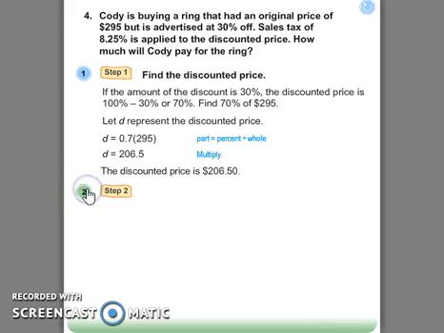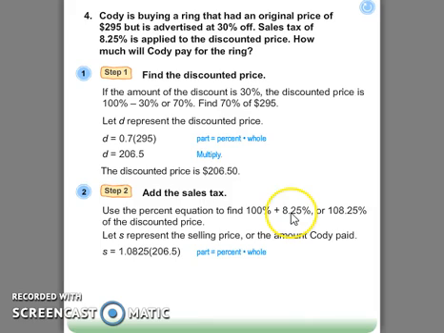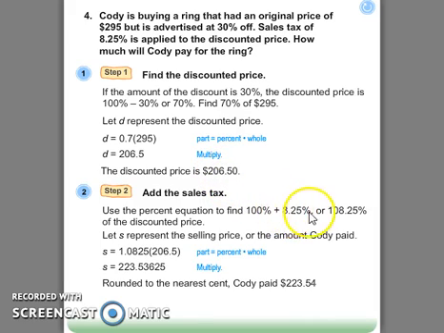So what we're going to do after that is find what the tax amount is. So we are paying 100 plus 8.25% of this amount, because I'm adding on 8.25% to that. So I can use 108.25% and find that to get the price. But now I'm taking 108.25% of the discounted price.